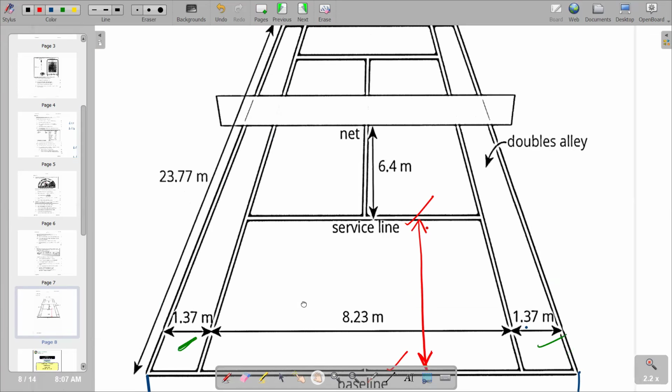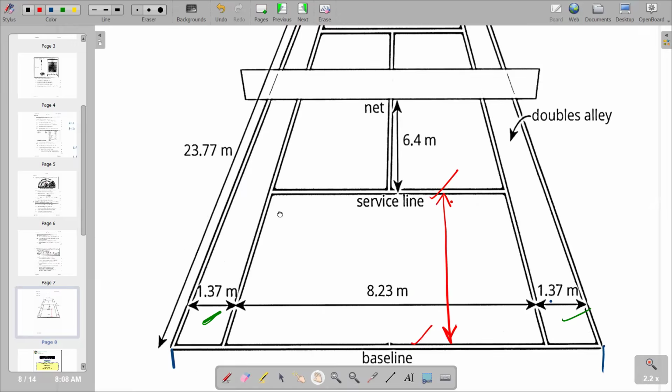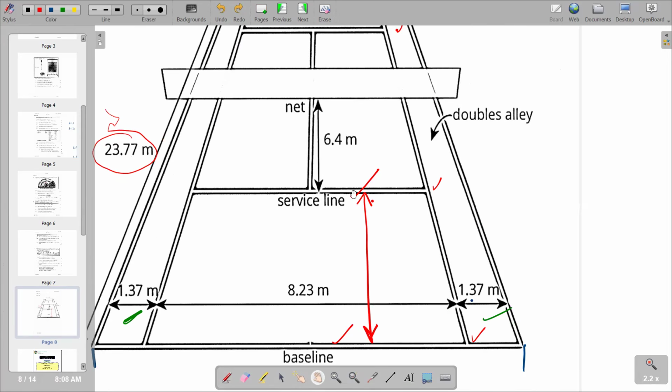But we know that the length of the whole tennis court is 23.77 meters, which includes from the lowest point here to the end. So we want from where we put our arrows, here from baseline to service line.